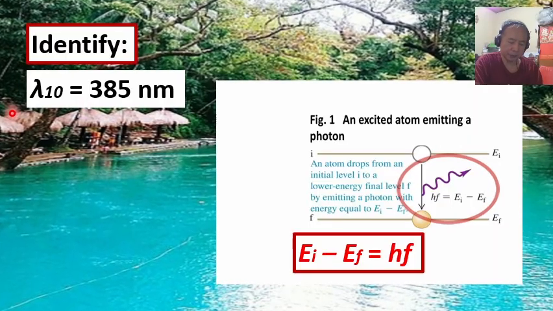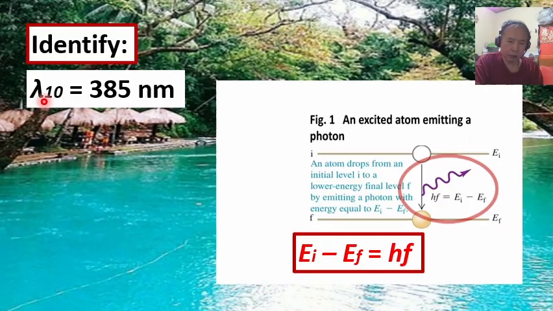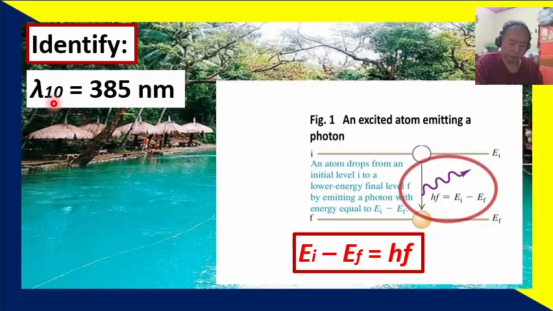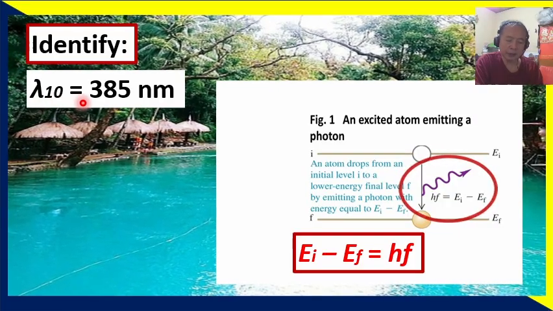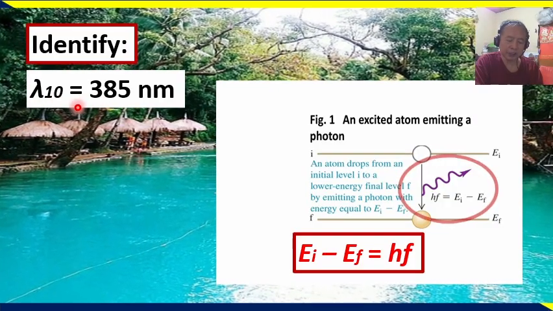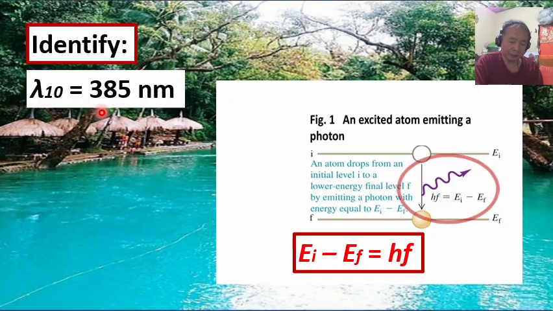We are using the subscript 1, 0 to mean a transition from the first excited level to the ground level.